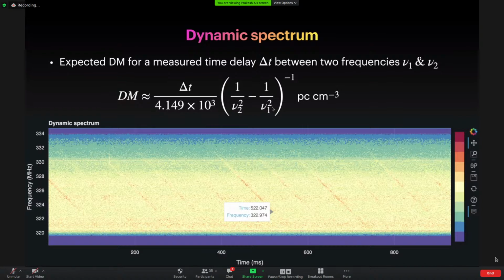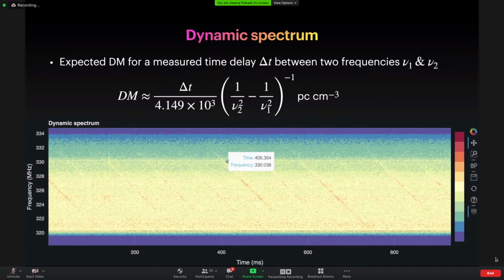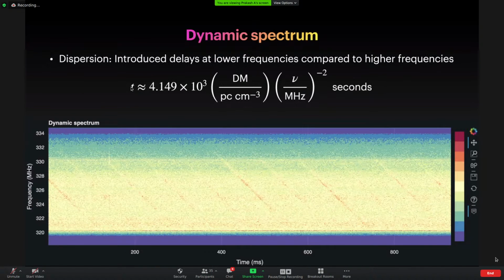And the delay is quantified by this dispersion delay expression, where the expression is given with respect to infinite frequency. You can imagine that at a frequency nu1, you'll have a delay t1. Similarly, corresponding to nu2, you'll have a delay t2.